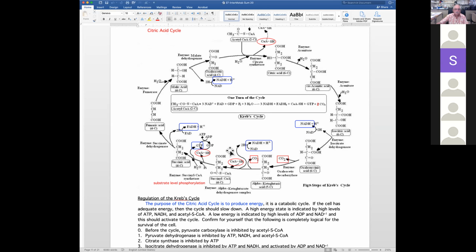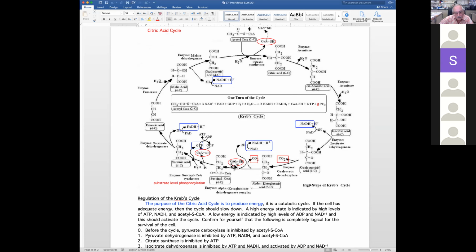So now we have succinyl-CoA. And notice that it's still a carboxylic acid. The next step occurs on the surface of succinyl-CoA synthetase, a substrate level phosphorylation. And so again, coenzyme A comes in, taken right off.